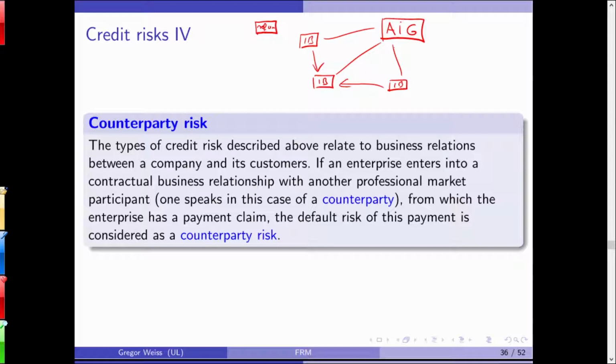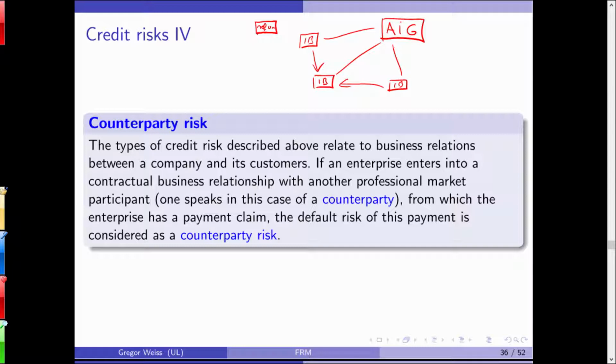Now, these investment banks would not have faced an immediate loss in case AIG had defaulted, but they would have been left standing without any credit risk insurance. If you are doing your business, and you think, oh, nothing can happen to me because I have a CDS contract, and I'm insured against the default of, say, Lehman Brothers, you think, okay, it's okay.